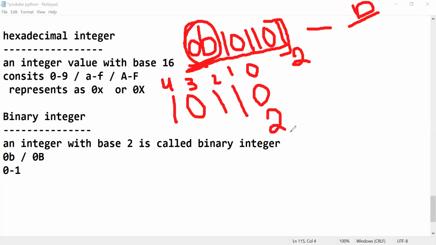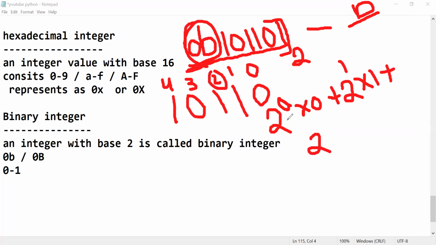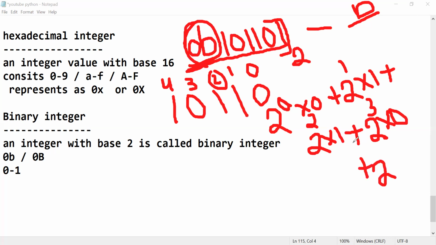We have to multiply like 2 power 0 into 0. We have to take first value 0 plus, and again base value 2, and power is 1, 2 power 1 into 1, guys. And again plus base value 2 power 2 into 1, plus again base value 2 power 3 into 0, again plus, base value 2 power 4 into 1, guys.